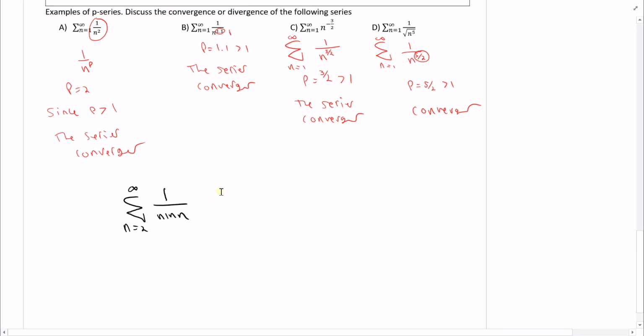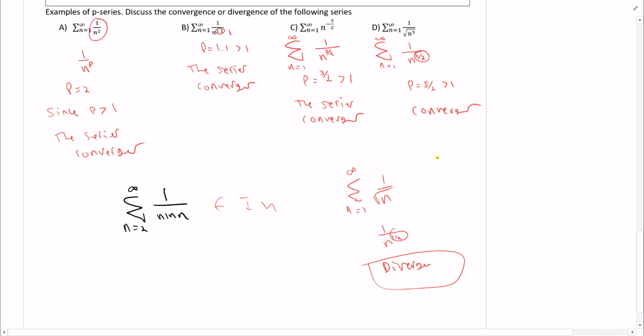Sorry, I'm looking at the book now, and this is not a p-series problem. We would use the integral test on this. So a p-series that might not converge would be, let's say, 1 over square root of n, right? And then you could write this as 1 over n to the 1/2, and because 1/2 is less than 1, this one would diverge, right?